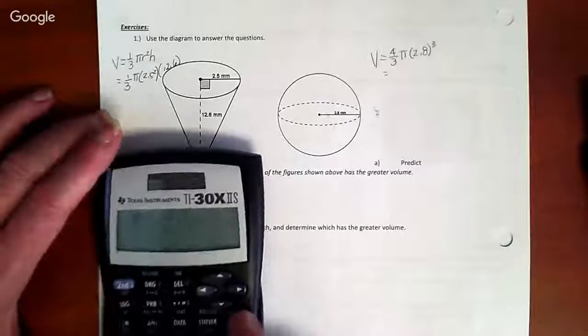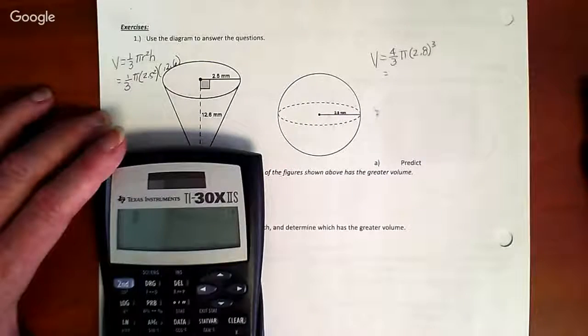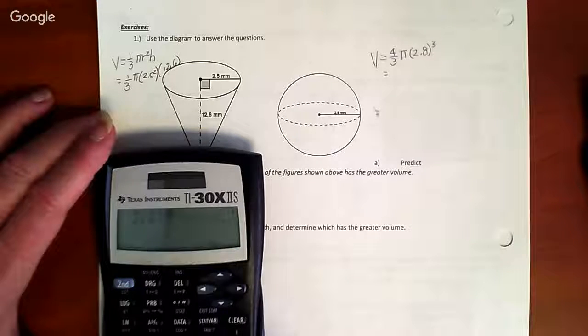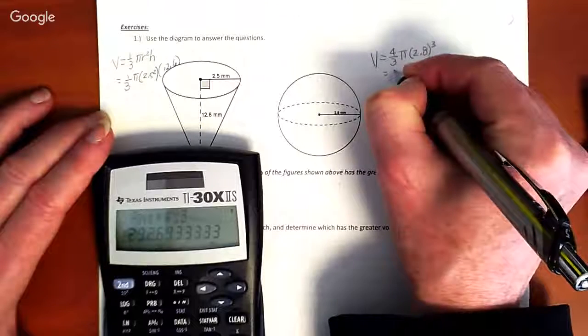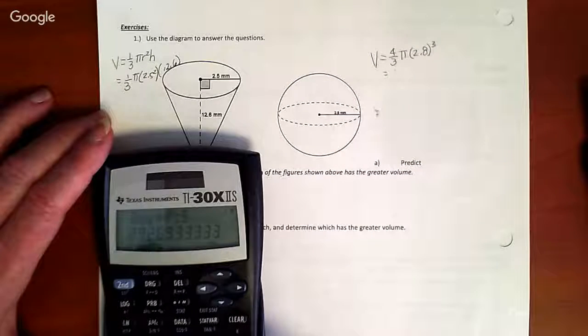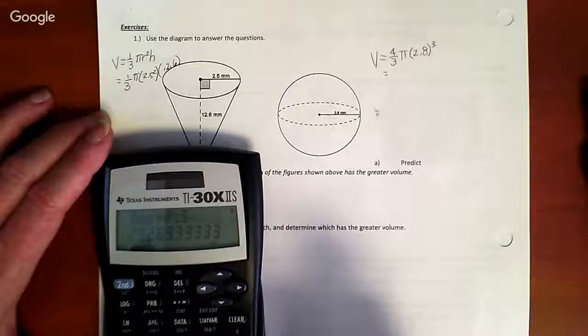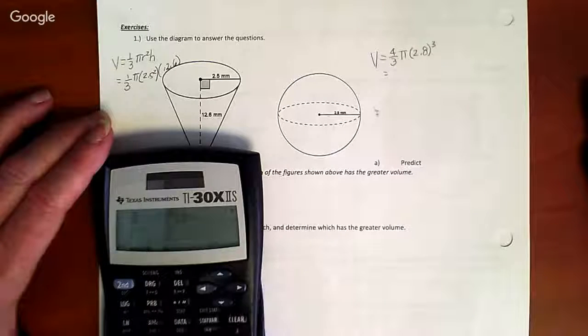All right, so we got 2.8 multiplied by power of 3. And we are going to multiply that by 4/3. Oop, yep. If we better do this a different way here, times 3.